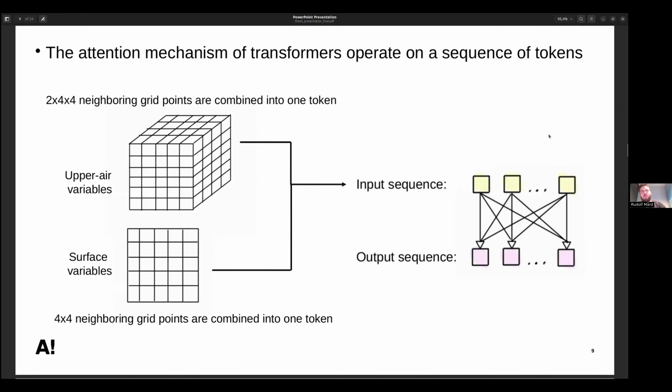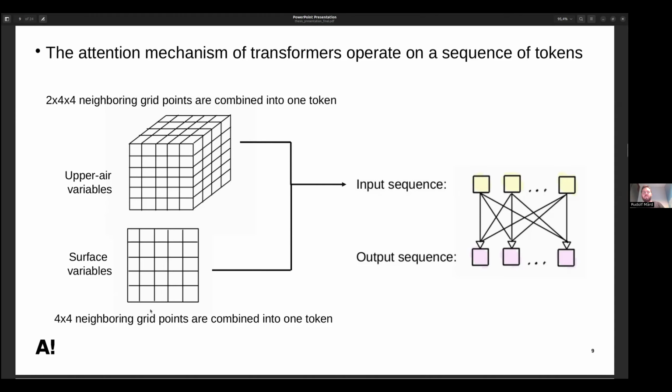Then let's take a look at what's happening inside of the model. Here is a very simplified hand-drawn illustration of what's happening. On the left side, we have the upper air variables, the longitude and latitude dimensions, as well as the vertical pressure levels, so a three-dimensional data volume.